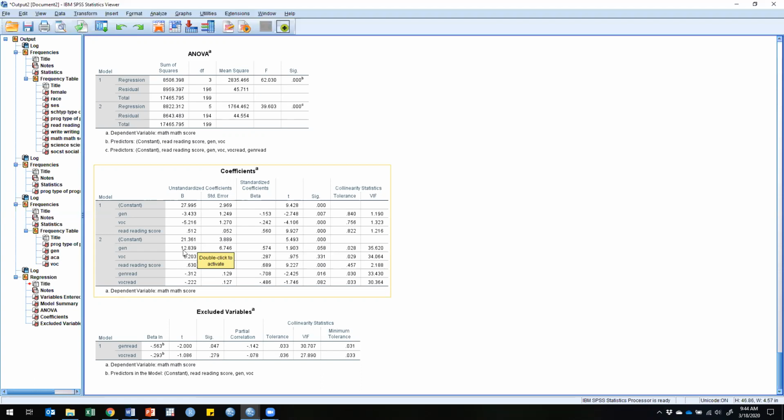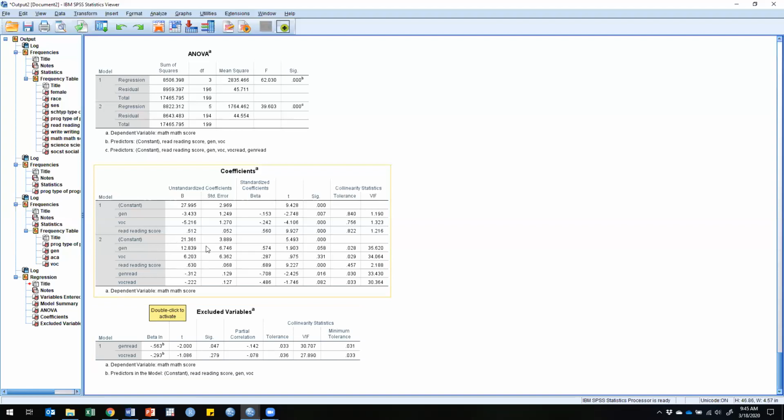So this coefficient here for general academic track is the estimated difference between someone who's in the general track versus someone who is in the academic track when the other variable involved in the interaction, reading in this case, is 0.